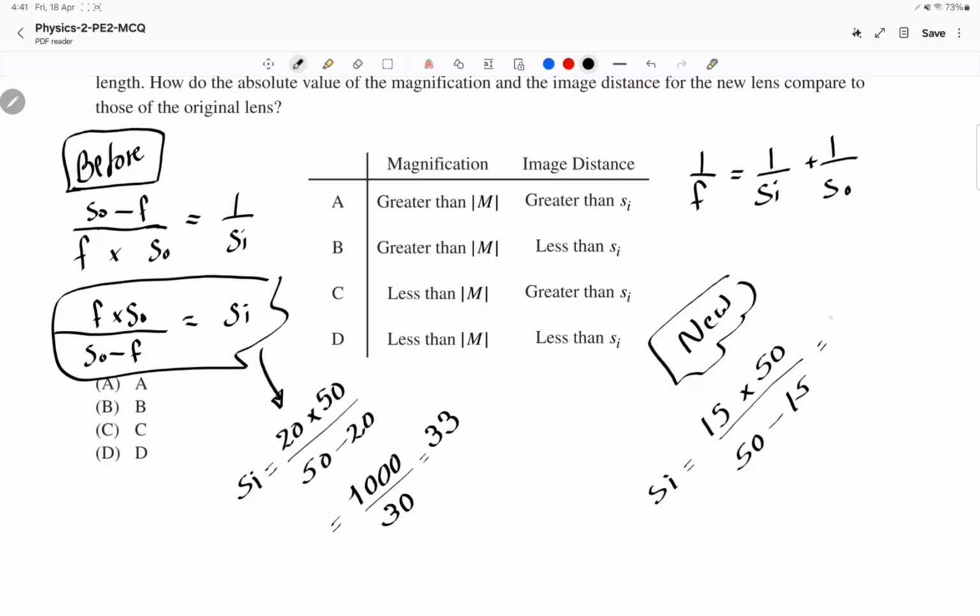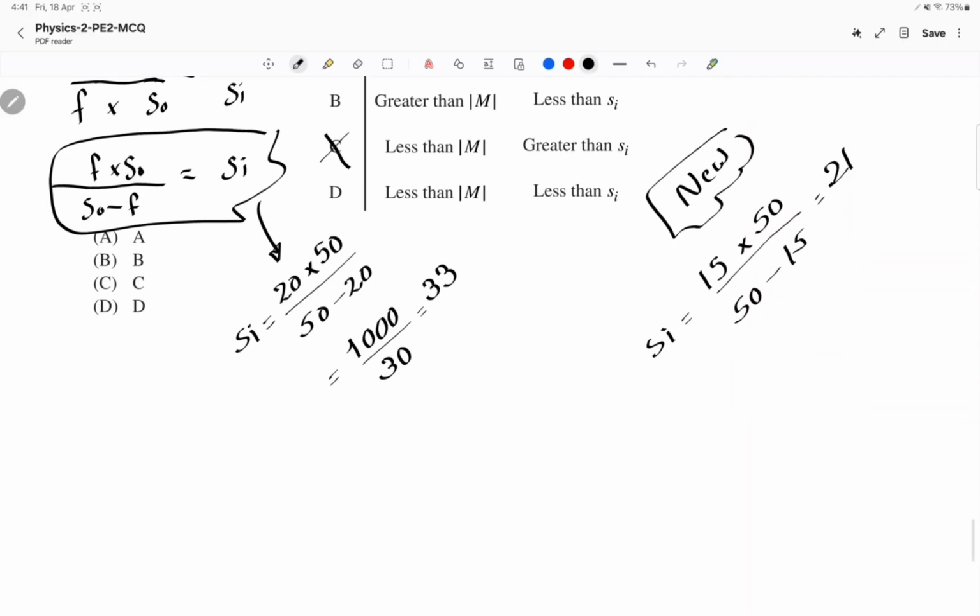So now I got 21. So the image distance now became less. So it's not A, and it's not C. How about the magnification? Magnification is equal to SI over SO, absolute value. So if the SI went down, magnification will also go down, right? So D.